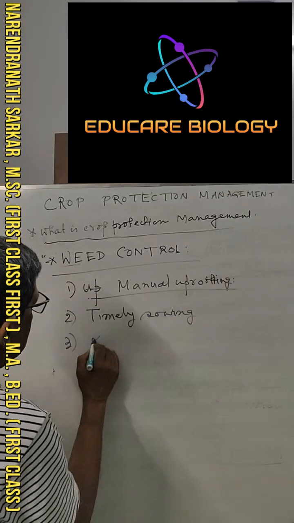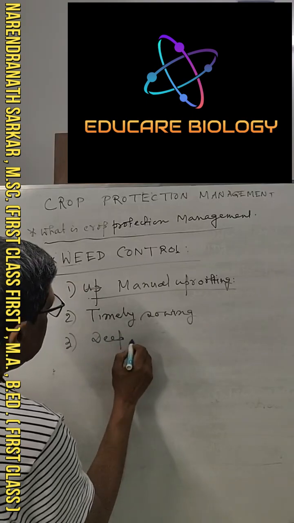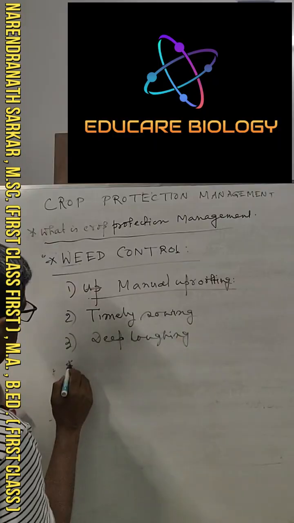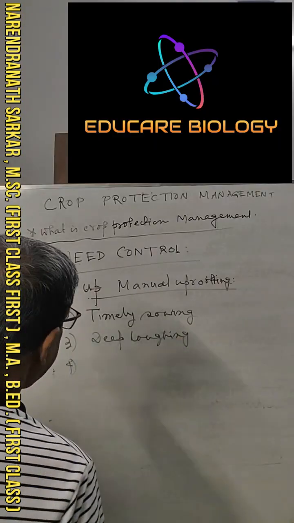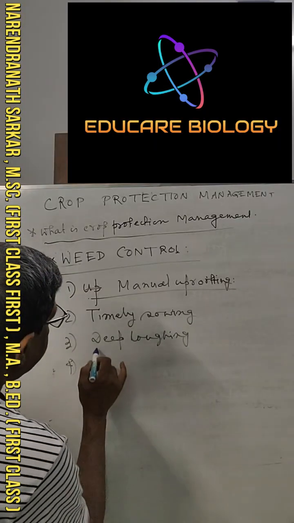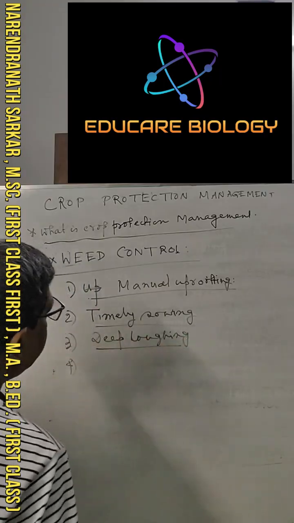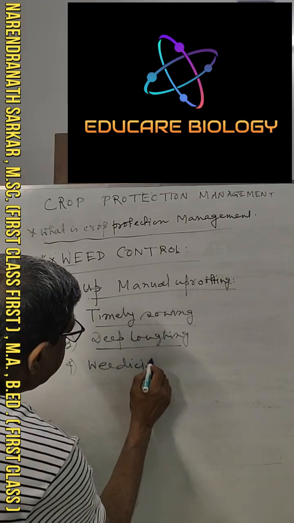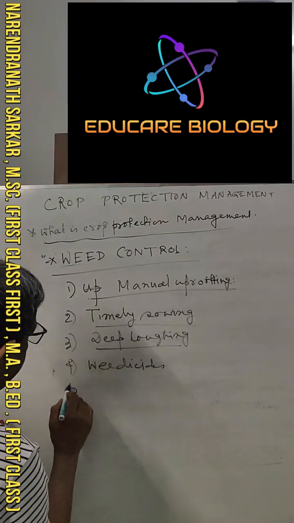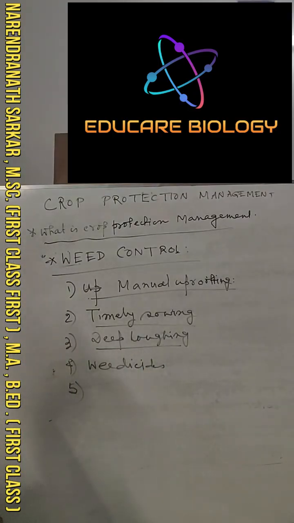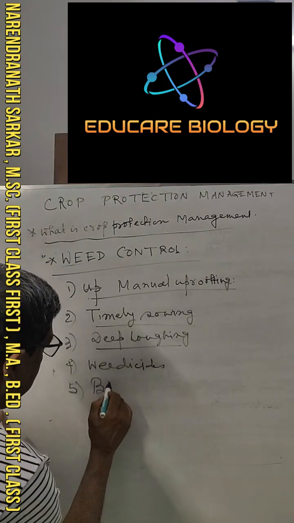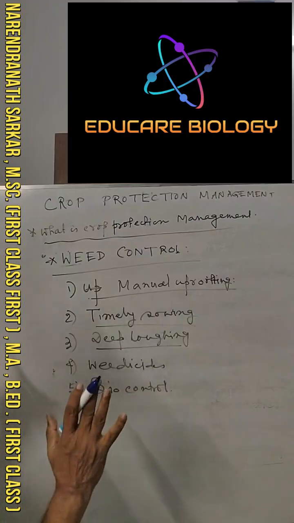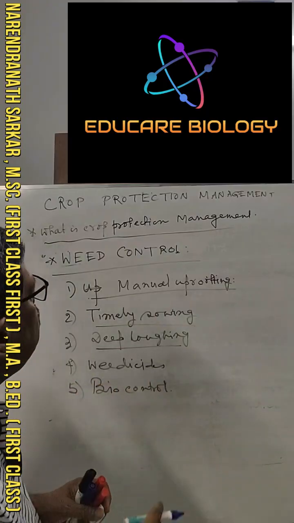Three, deep ploughing. Four, weedicides. Five, biocontrol. These are the control methods.